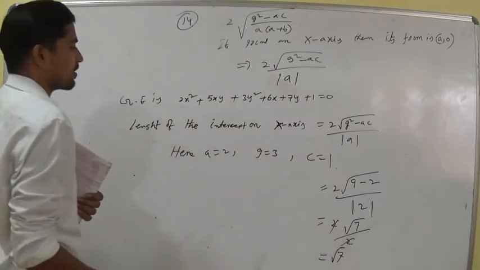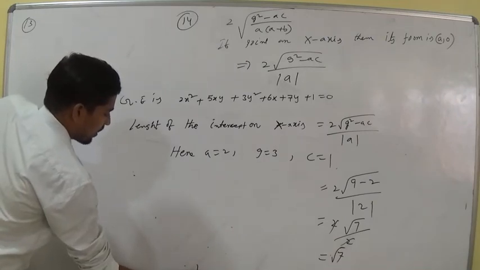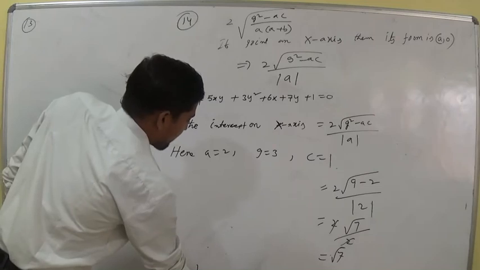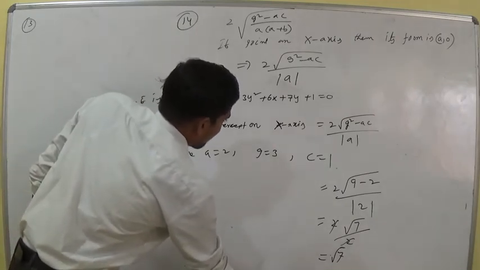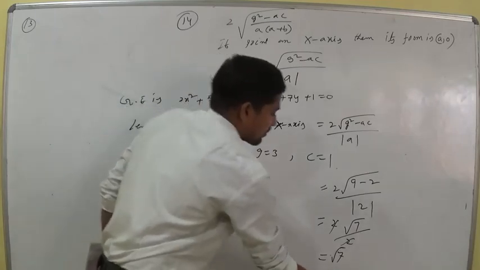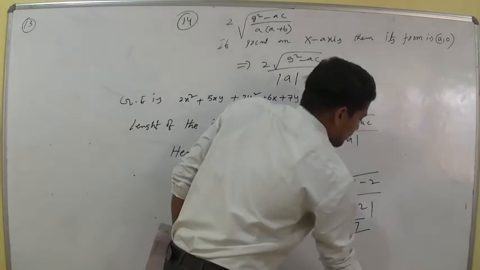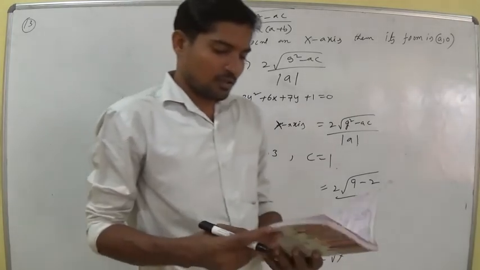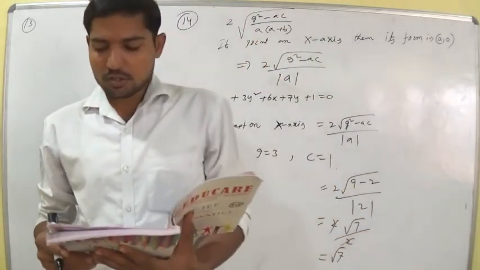Therefore, the length of the intercept on the x-axis is root 7. So worksheet number 3 is completed, right? We'll discuss worksheet number 4.